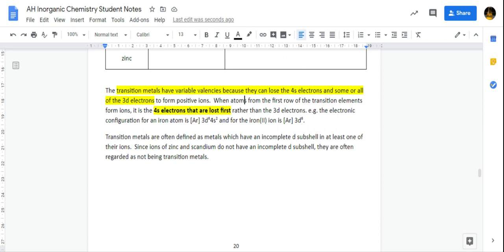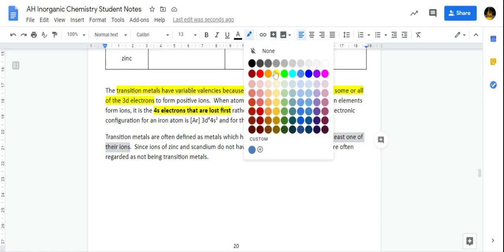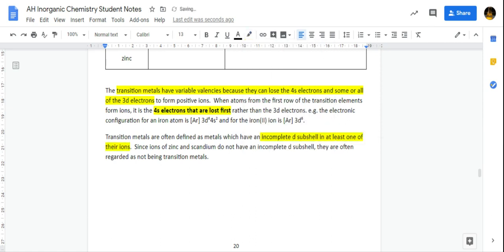So transition metals, as we said before, are defined as metals which have an incomplete d subshell in at least one of their ions. There are two exceptions to this, or two metals that don't conform to this rule. Zinc and scandium.